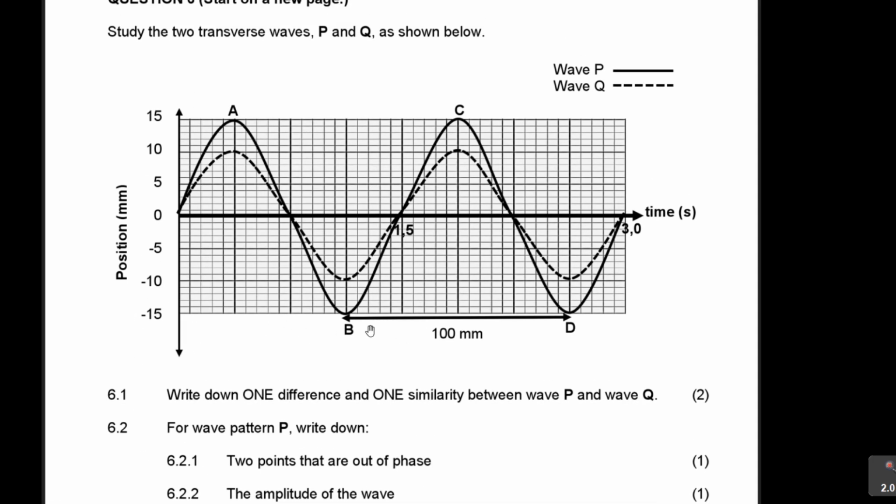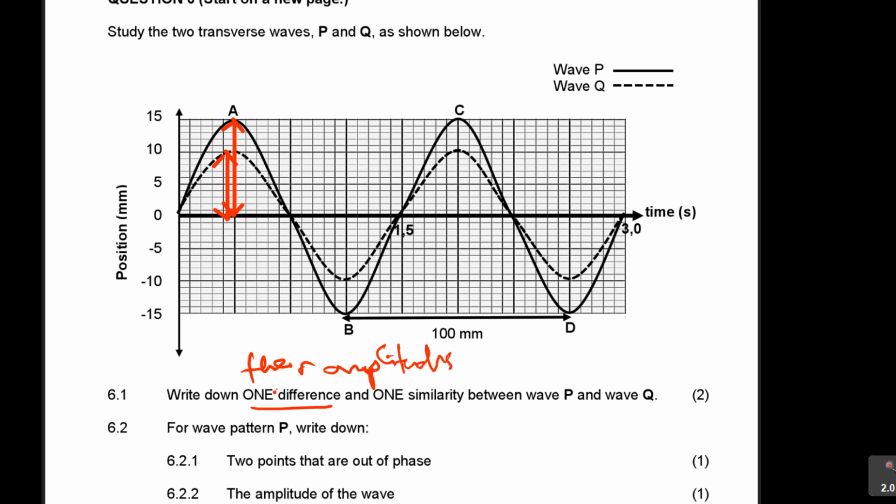What is the difference? The first part you can notice is the size. Look at this. We call that the amplitude, right? So the amplitudes are different. I think you can see. One difference is the amplitude, their amplitudes.